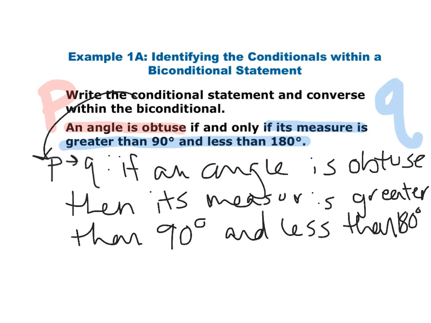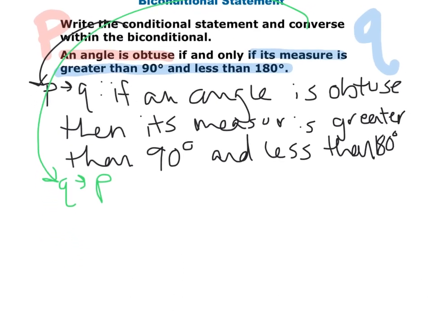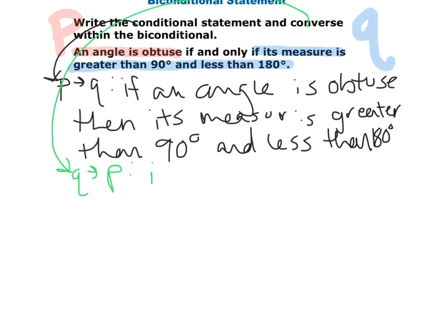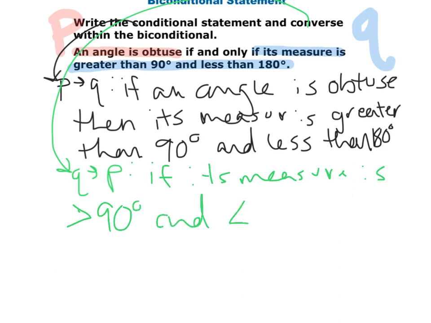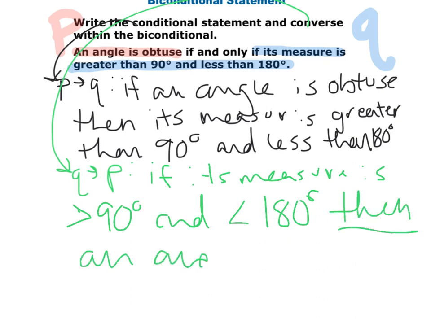Now we're going to write the converse, which is Q then P. So the converse would be if its measure is greater than 90 degrees and less than 180 degrees, then an angle is obtuse.